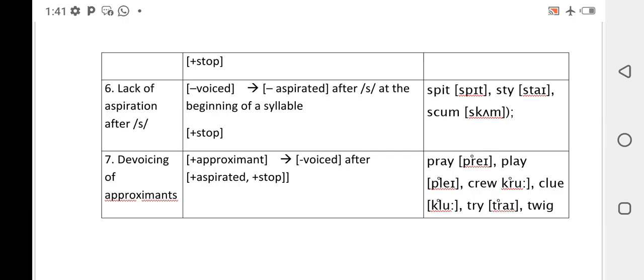Instead of calling it devoicing, it could have been a translation. It is translating into something, but let us look at it the way it is.